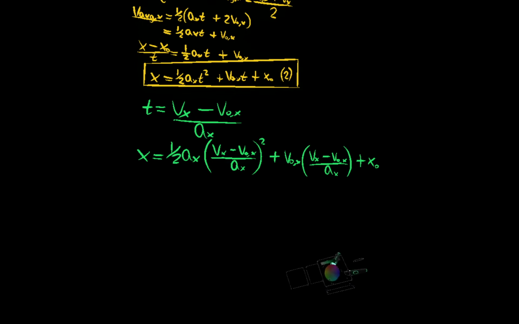All right, we're going to move this x naught over and multiply through by 2ax.